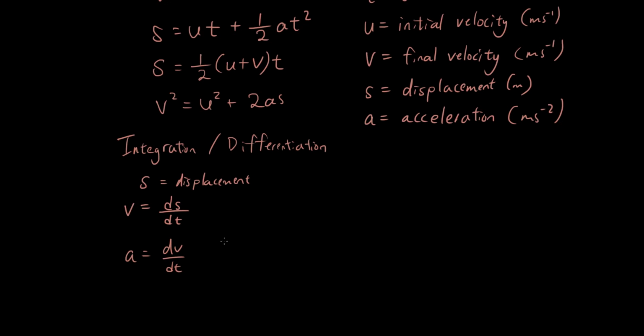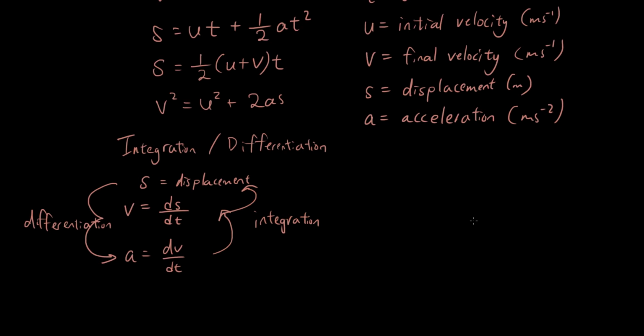So that's differentiation: going down this ladder is differentiation. If we want to go backwards and go up this ladder, then we do what's called integration, and we reverse the process of differentiation.